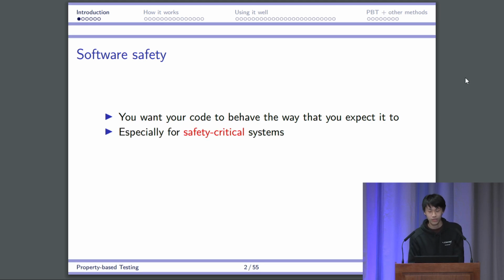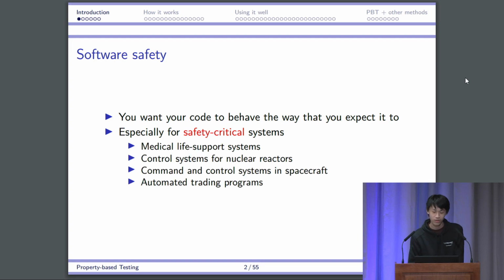However, if you are writing code for a safety-critical system, you definitely do not want bugs in that code, because a lot of lives or a lot of money could be depending on it. Examples of safety-critical systems? Well, medical life support systems, nuclear reactor control systems, spacecraft command and control systems, and of course, automated trading programs. These all require code, and we're the people who write them.